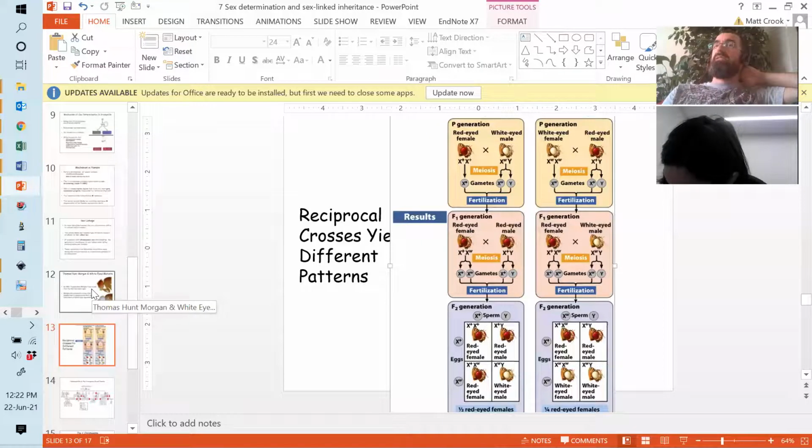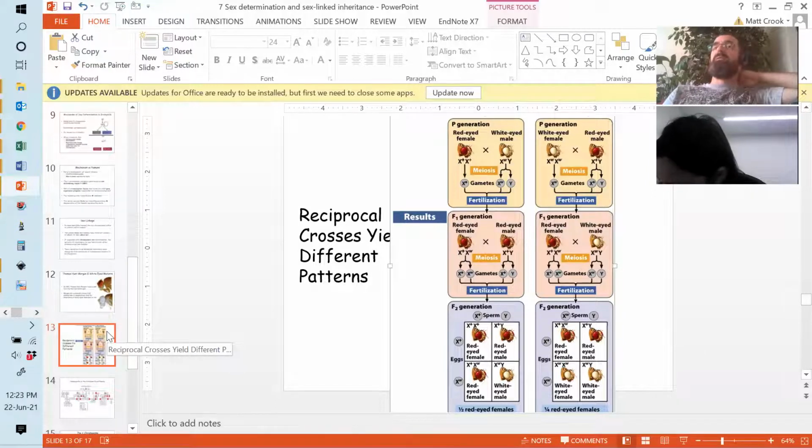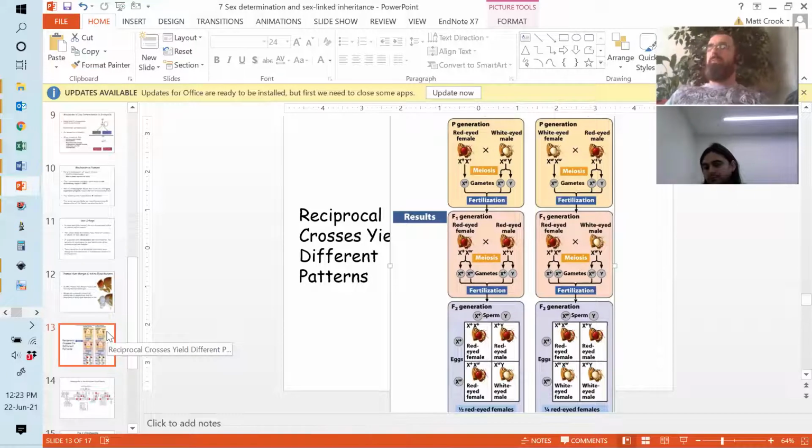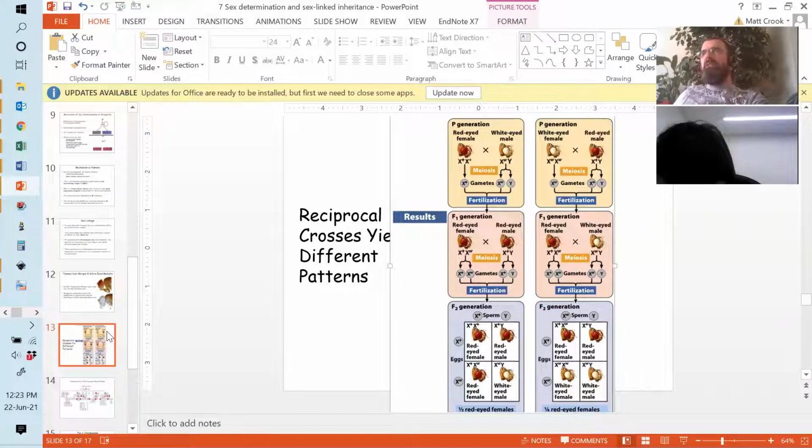The other consequence, good job, is that you will have traits which are expressed much more commonly in males than in females. Can anybody think of some of those traits in humans? There are some real well-known ones. Color blindness, cool, that's good. So you can't see, I think, red and green.